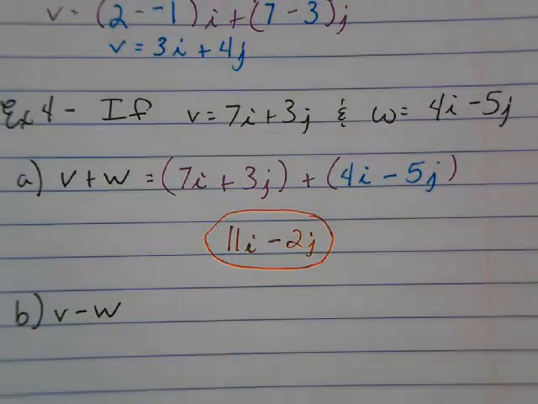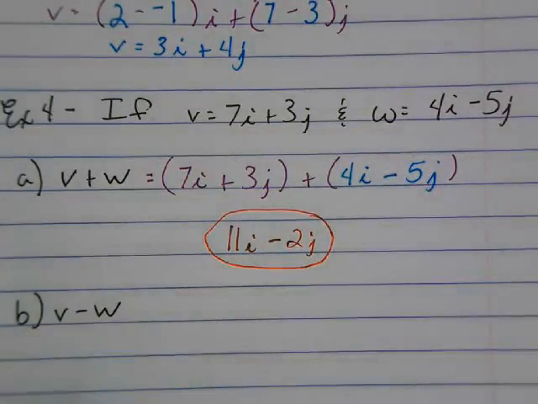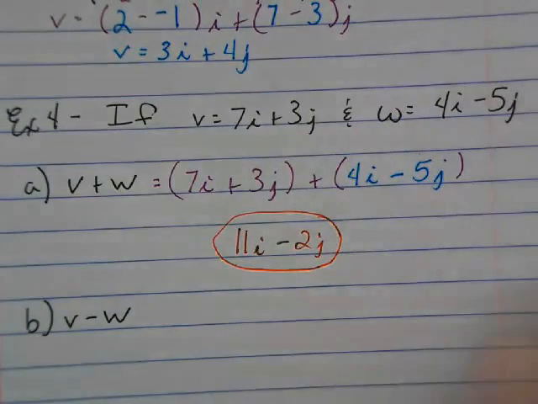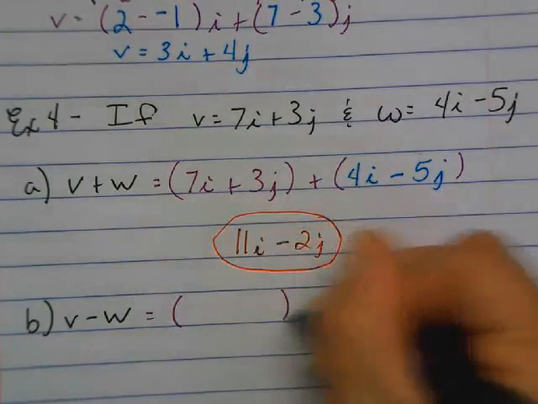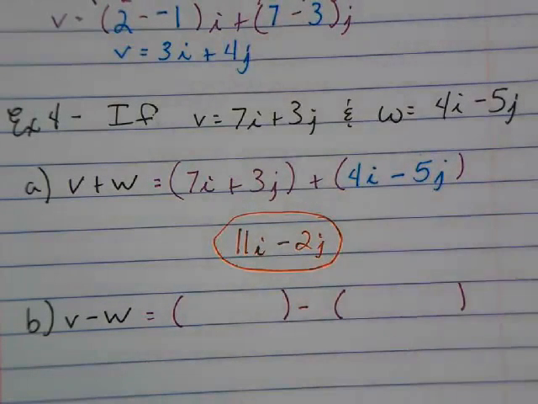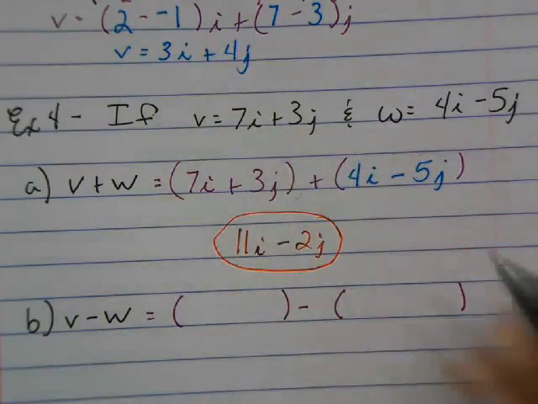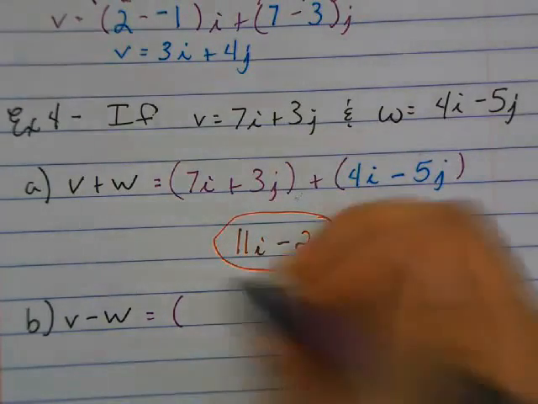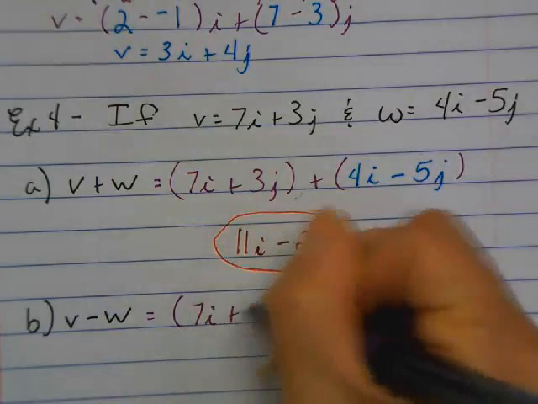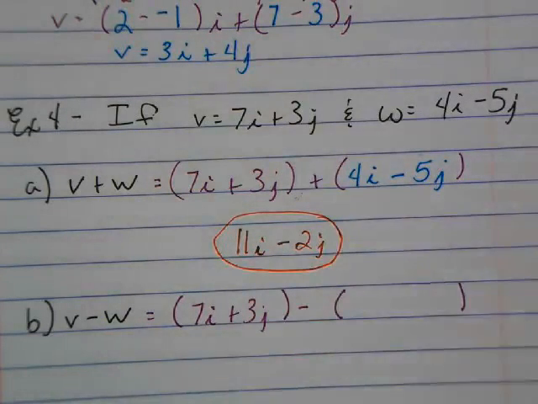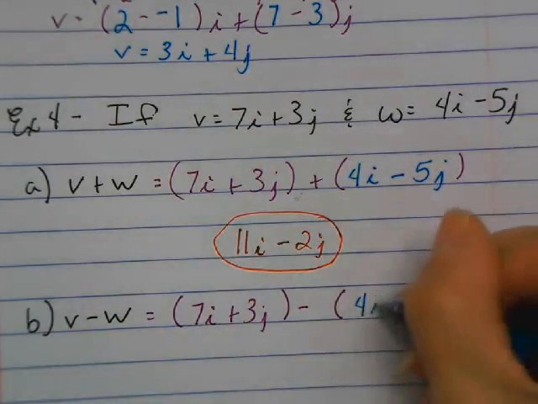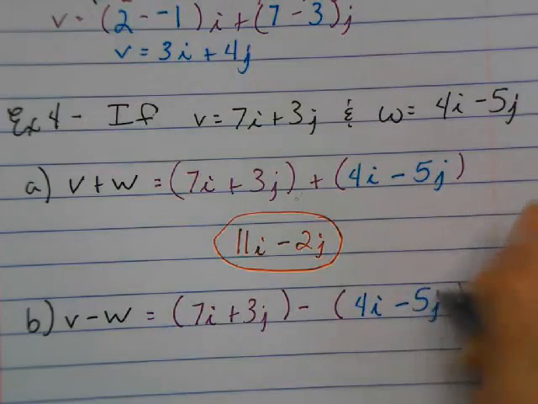Let's try subtraction. Alright, so I fill in vector v. It's 7i plus 3j. I fill in vector w. 4i minus 5j. Now be careful. What do we need to do with this negative?